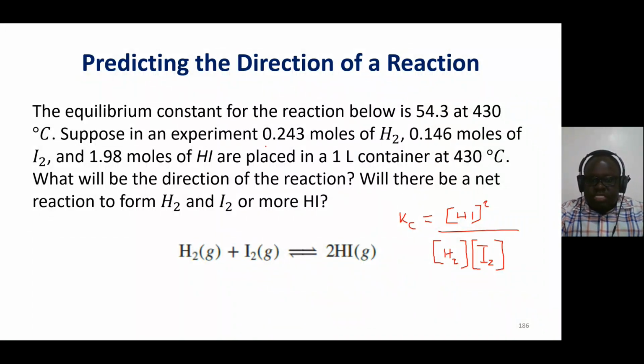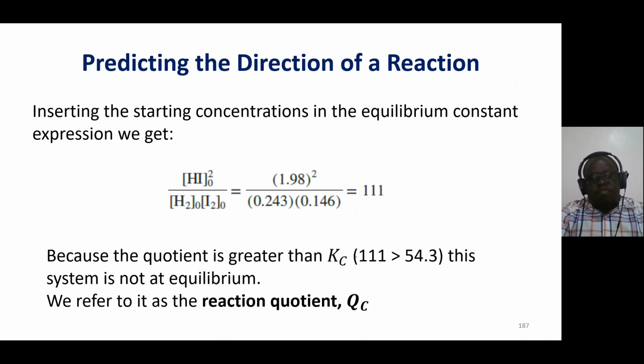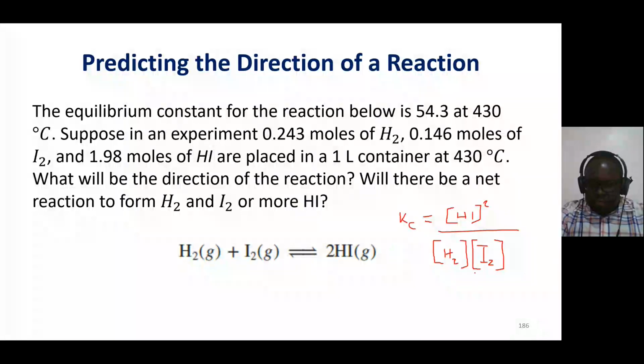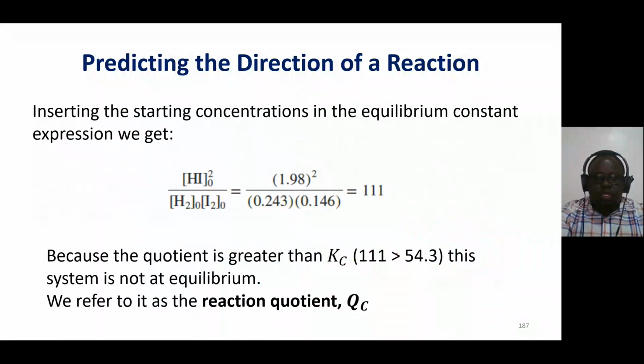We want to see, given these initial concentrations of the species, which direction the reaction will go as it moves towards achieving equilibrium. First of all, we use this expression to calculate a quotient, the ratio of these concentrations. Notice that here we have indicated the concentration of hydrogen iodide naught.